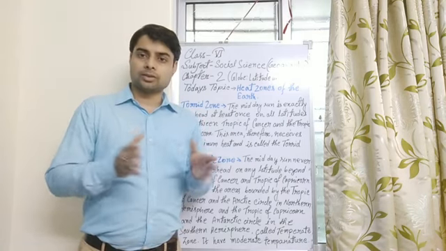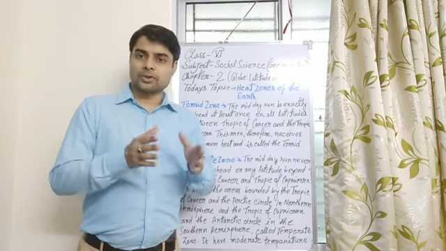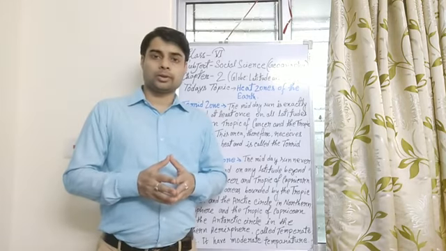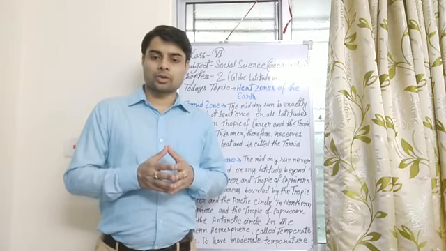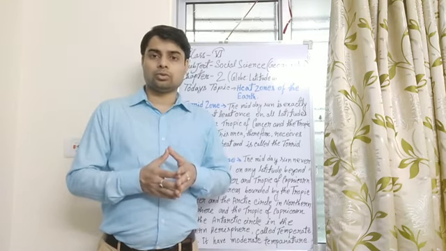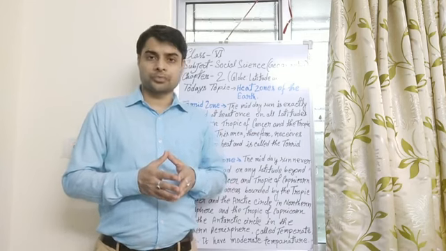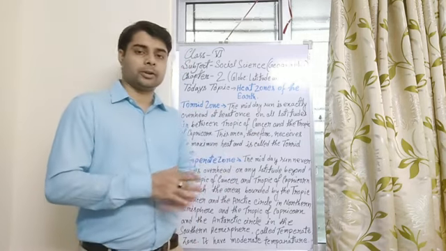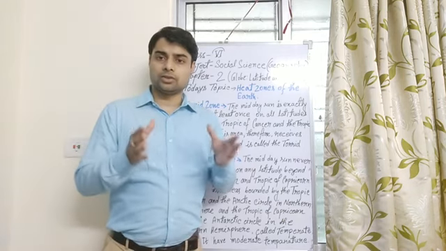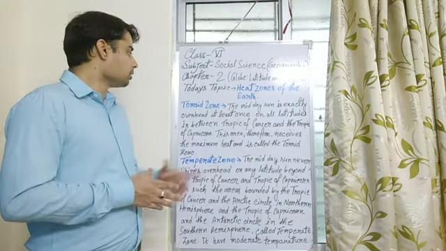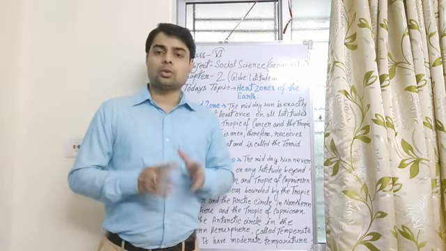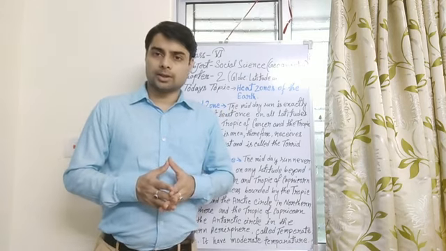On the basis of these latitudes and the sunlight that falls upon the area within a particular time, the geologists divided the Earth into 3 different heat zones: torrid zone, temperate zone and frigid zone. So we will discuss these heat zones one by one.